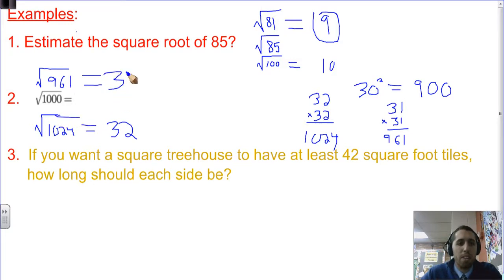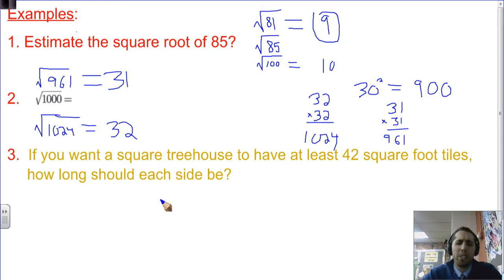So it's going to be between 31 and 32. It'll be 31 with a decimal. And which is it closer to? Well, 1,000 has a difference of 39 with 961, and 1,024 minus 1,000 is just a difference of 24. So it's probably closer to 32, maybe.